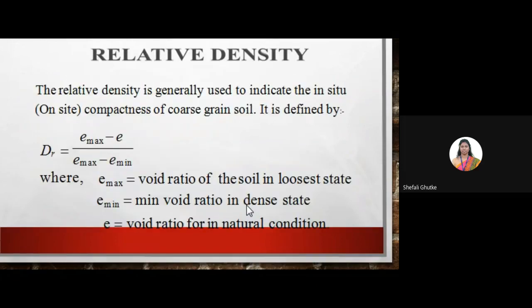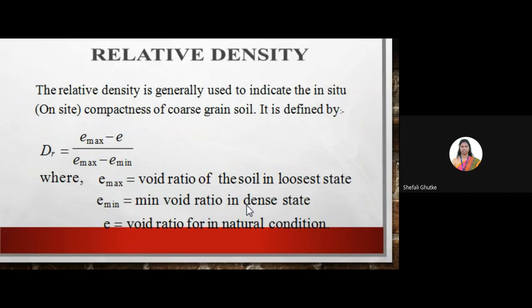Last but not the least, relative density, also called density index or degree of denseness, which is used only for coarse grain soil. The relative density is generally used to indicate the in situ or on-site compactness of the coarse grain soil.